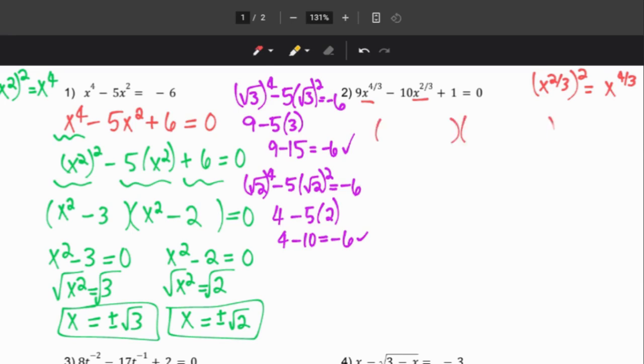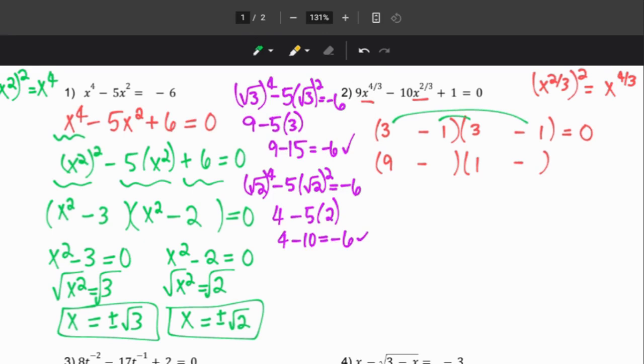So I need to figure out what multiplies to 1. All right, well, there's only one option for that. And what multiplies to 9? Now, 9 could either be 3 and 3, or it could be 9 and 1. So you have to check. Since I have to multiply to positive 1, it can either be both positive or both negative. But if you look at your middle term, which is a negative 10x to the 2/3, it's got to be the negative version. So if I check outer and inner, on the first option, I've got negative 3 and negative 3.